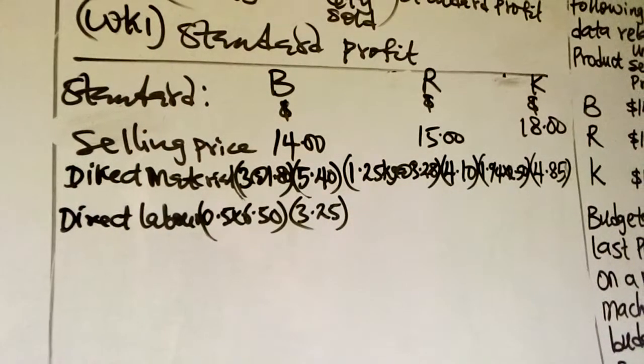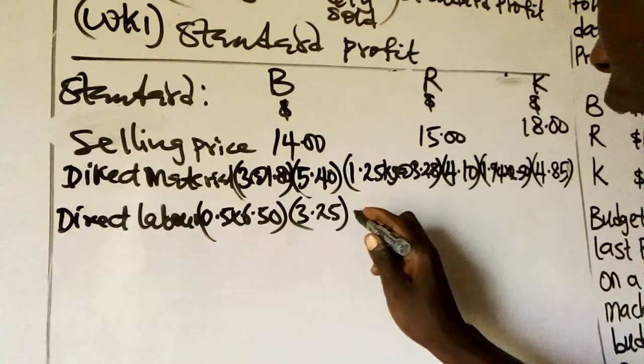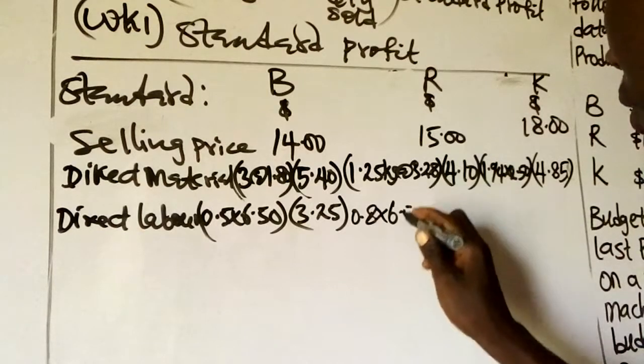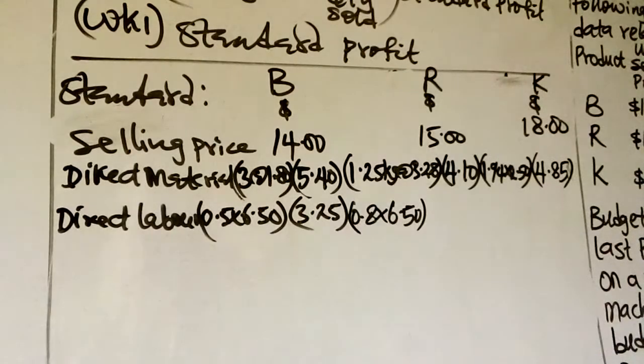For R, you have 0.8 hours at $6.5 per hour. That gives us 5.20.